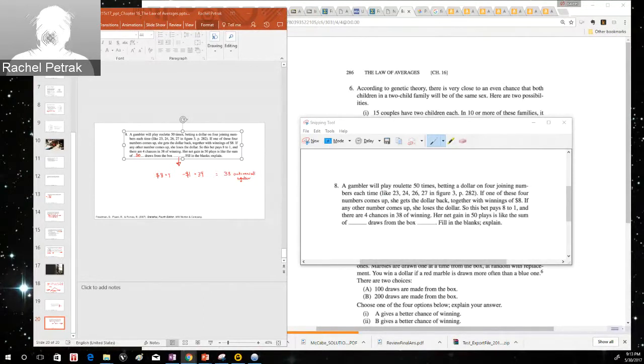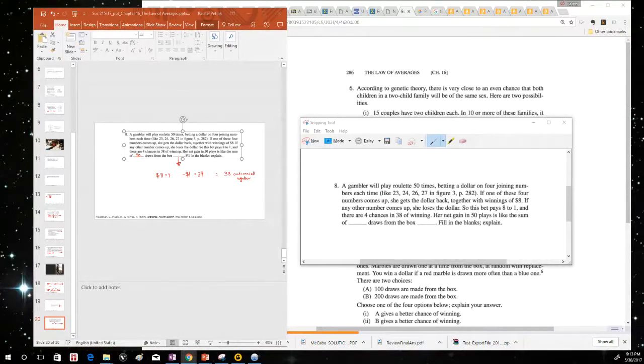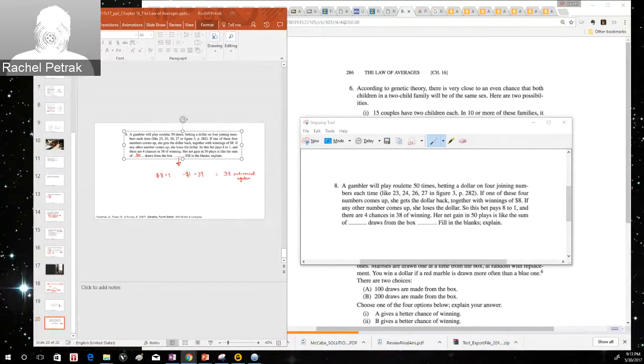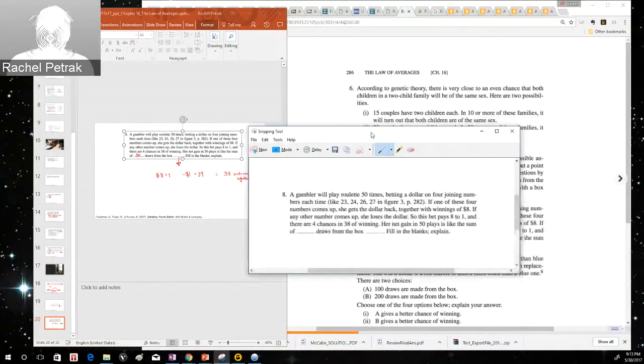Research shows, my personal research and tons of research you can look into, students don't get enough sleep. So try to get some sleep tonight, and that sleep will help you consolidate your memories about this topic.